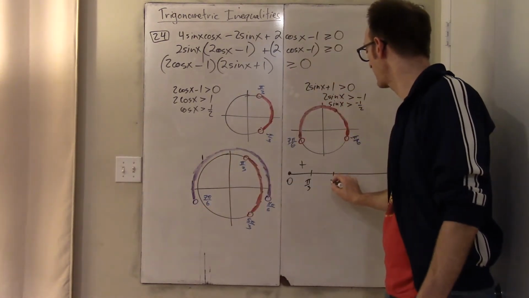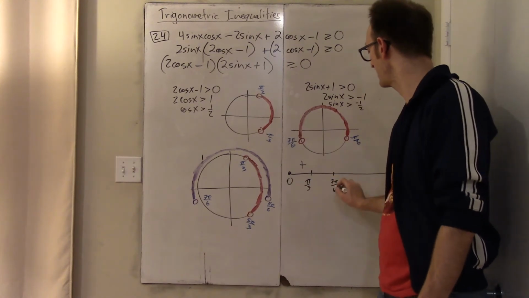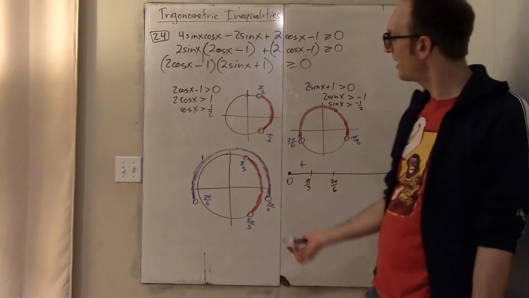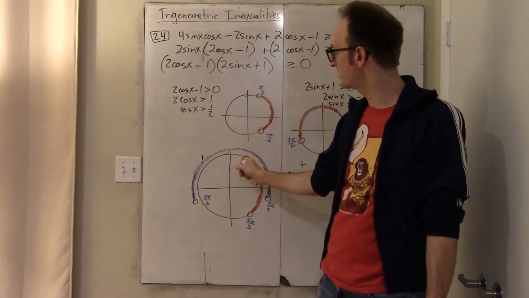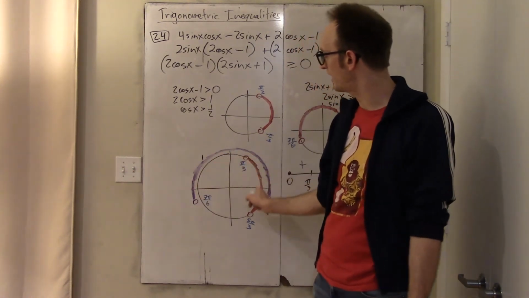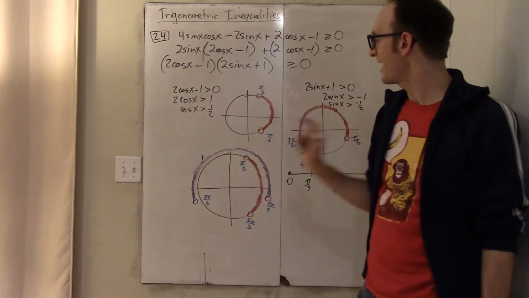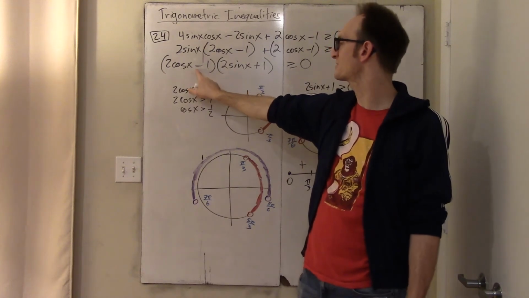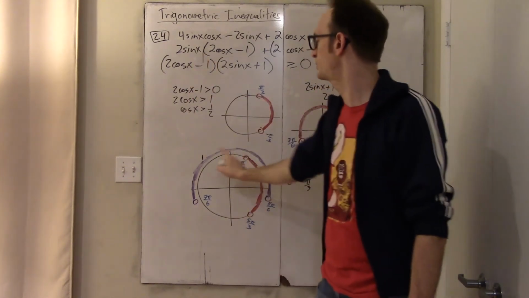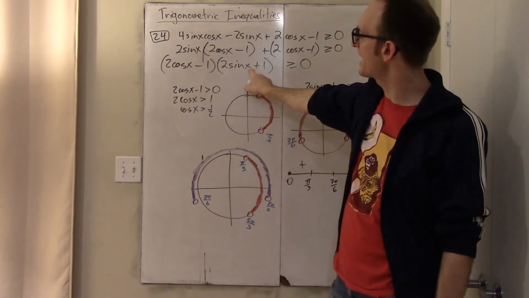Here I'll throw in 7 pi over 6 on my number line. In between pi over 3 and 7 pi over 6, we can see at a glance that the inner circle red arc is unshaded. And by default, I do not shade when 2 cosine x minus 1 is negative. And I do shade the purple when 2 sine x plus 1 is positive.